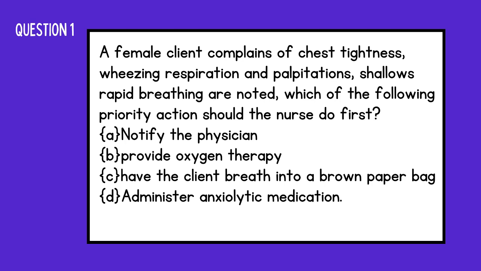Now, let's analyze these options and ask ourselves, when a patient is having an asthmatic attack and rapid, shallow breathing, we know for sure that in asthma there is bronchoconstriction.